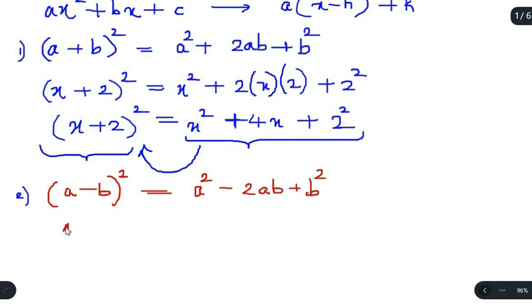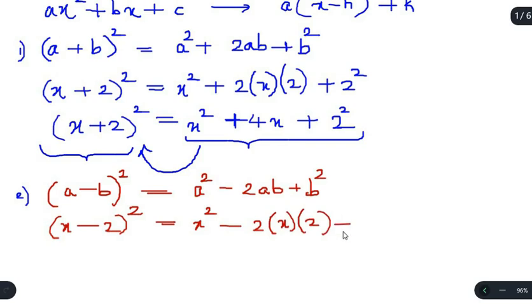So we can write (x minus 2) the whole term squared equals x squared minus 2 times x times 2 plus 2 squared.